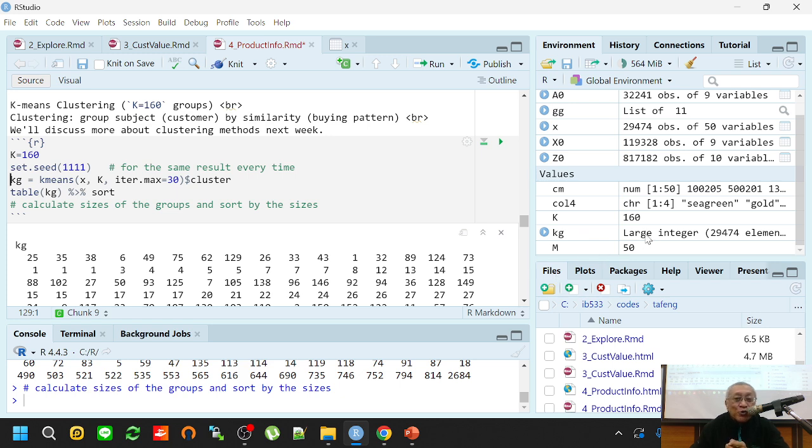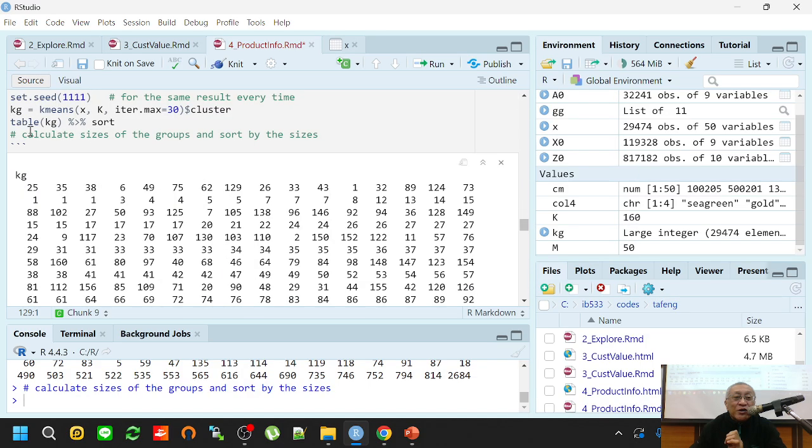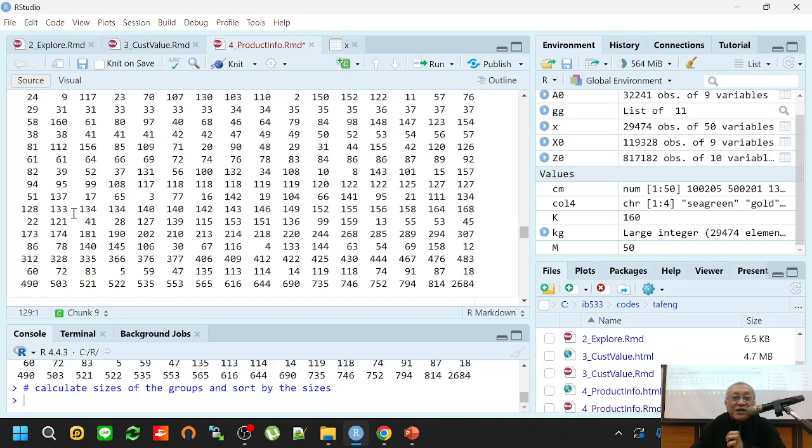So the grouping variable is telling me which customer belongs to which of these 160 groups. If we do a table on KG, you will see that the largest group is group 18. It has like 2684 customers within it. And the second largest group is 87.